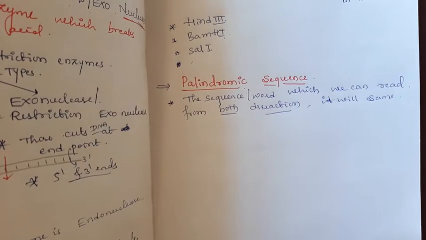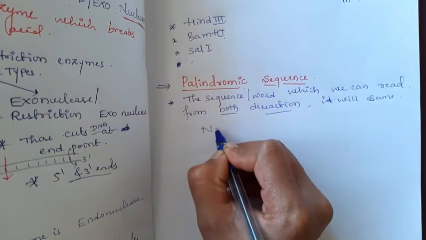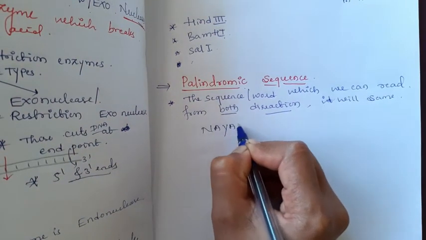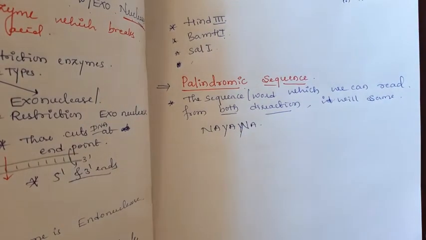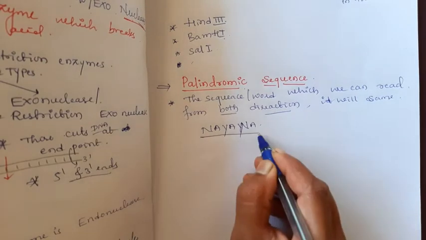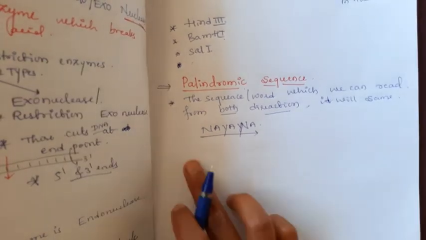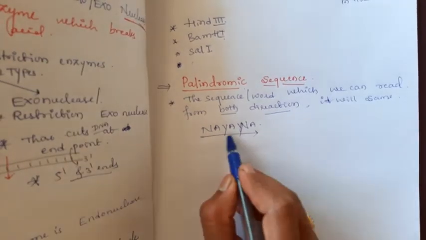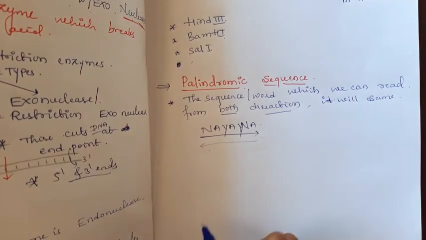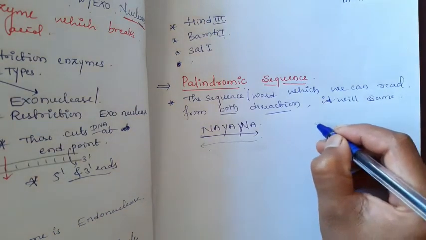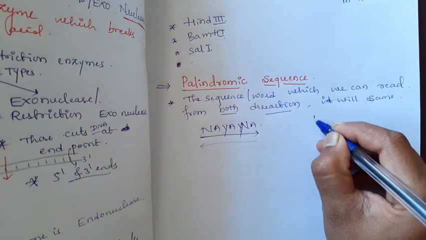For example, Nayana. We can read this name in both directions: here Nayana and here also Nayana. Like that, another example, Malayalam.